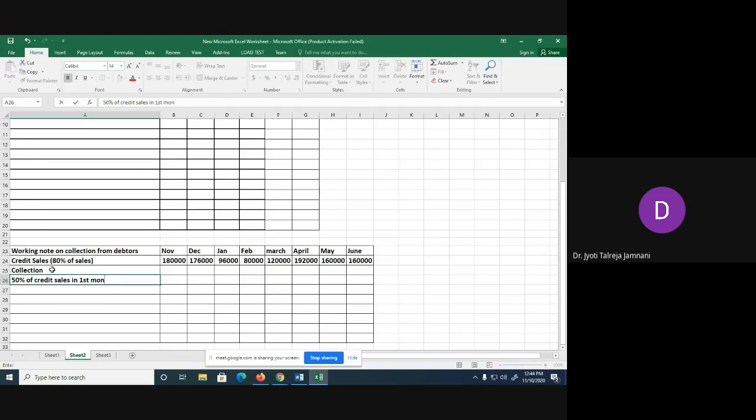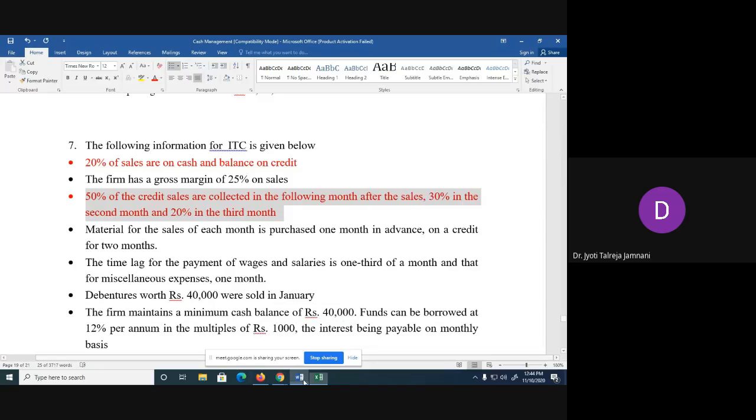I'm writing it as first month because after sales, the very next month is the first month. They have told in the question in the following month. That means in the next month. We can also write following month. Then 30% in the second month and 20% in the third month.